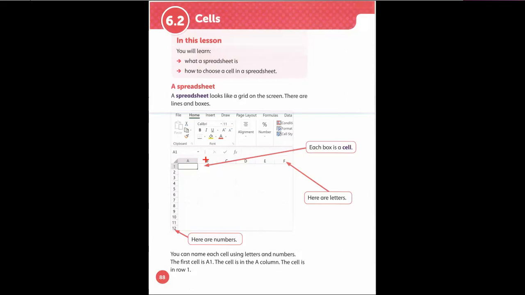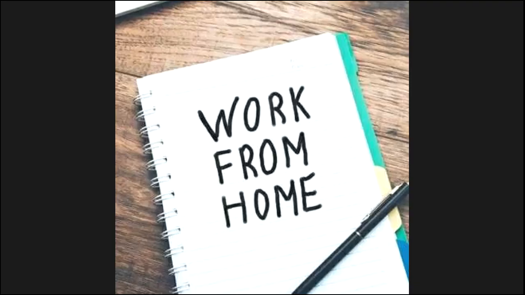So now look at what I'm going to do. I am going to the start button and there I am going to write Microsoft Excel, the name I sent to you in the chat section.